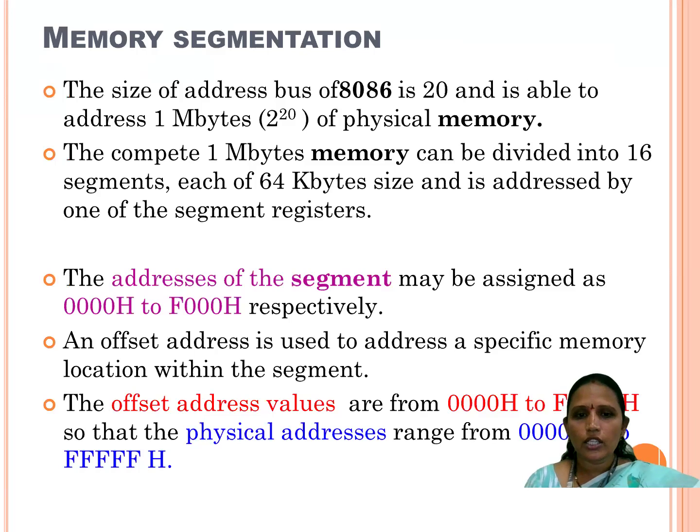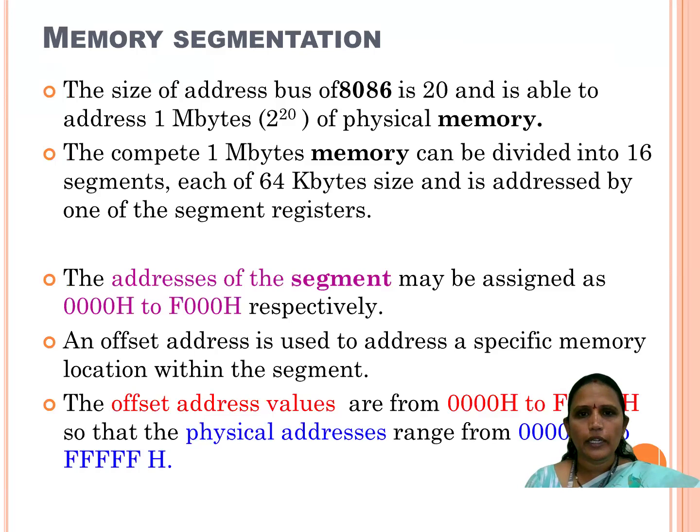The offset address is used to address a specific memory location within the segment. The offset values are from 0000H to F000H, so the total physical address range is 20 bits, that is 00000H to FFFFFH.